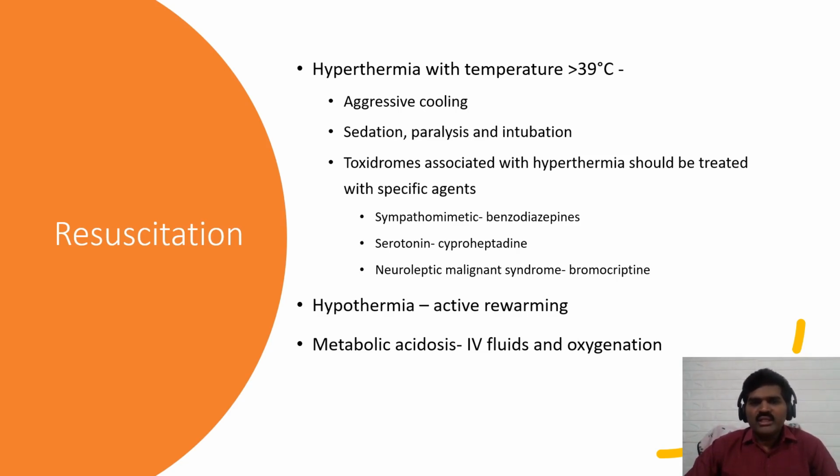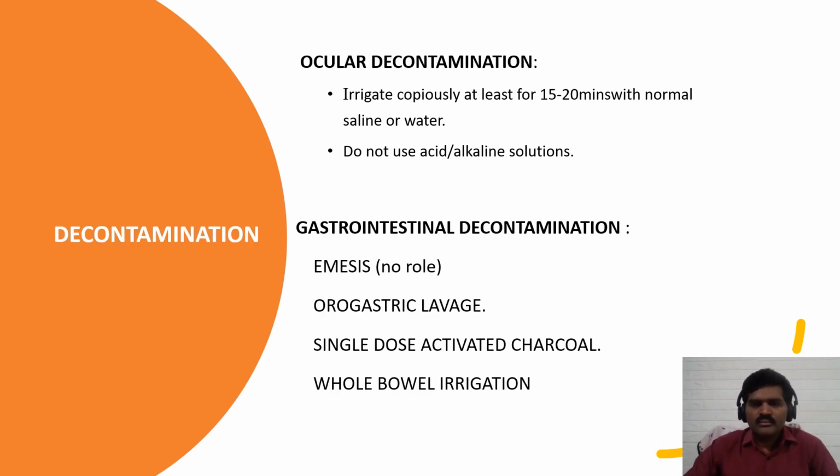IV fluids and proper oxygenation are the only available choice when you are dealing with metabolic acidosis due to poisons. Ocular decontamination can be done by irrigating copiously for at least 15 to 20 minutes with normal saline or water. Do not use acid or alkaline solutions.